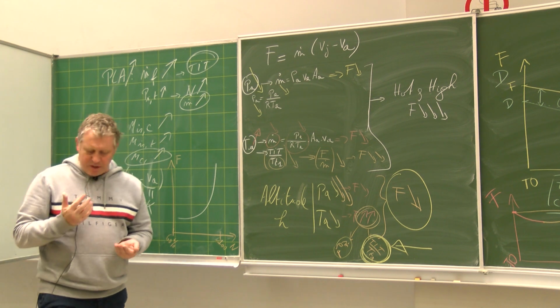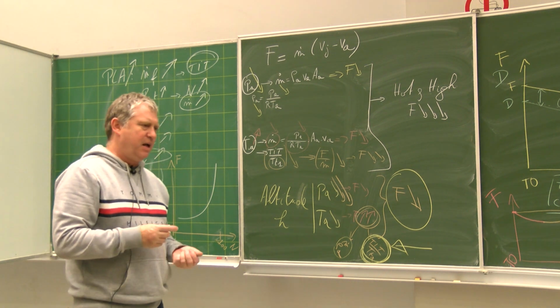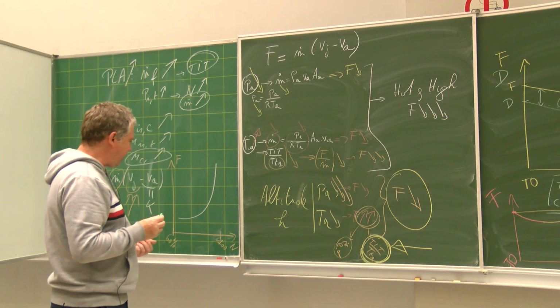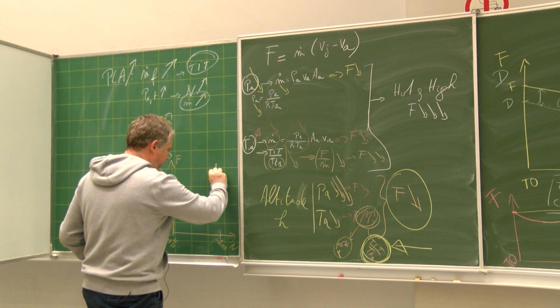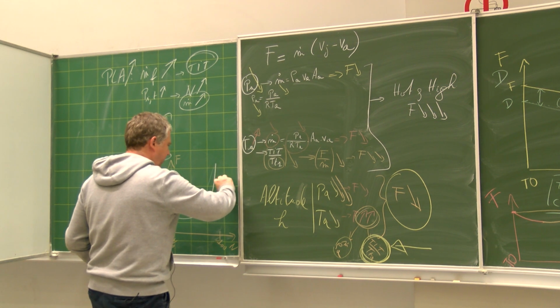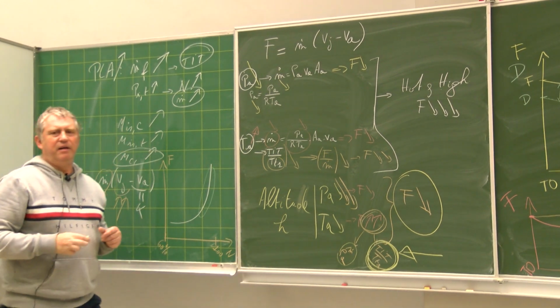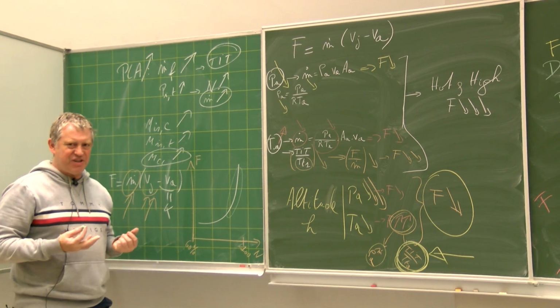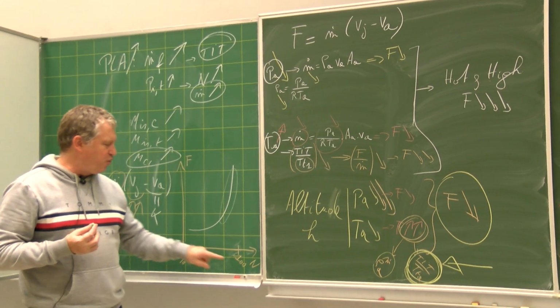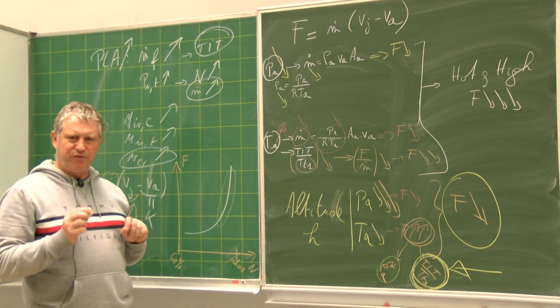And this is extremely important to mention. Why is it very important to mention? This is because you will work with an engine that is very, very much changing the performance for a small change of the rotational speed.